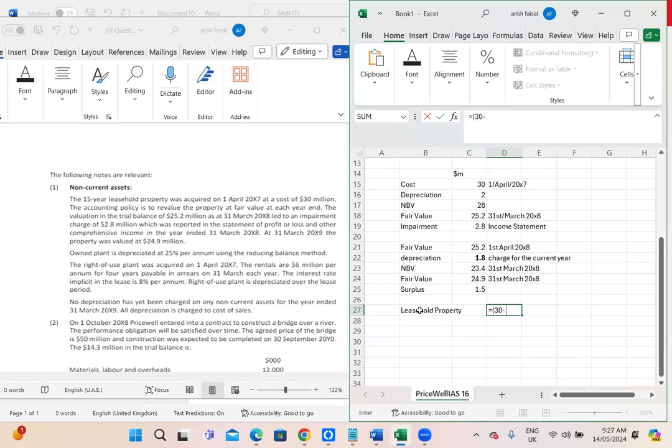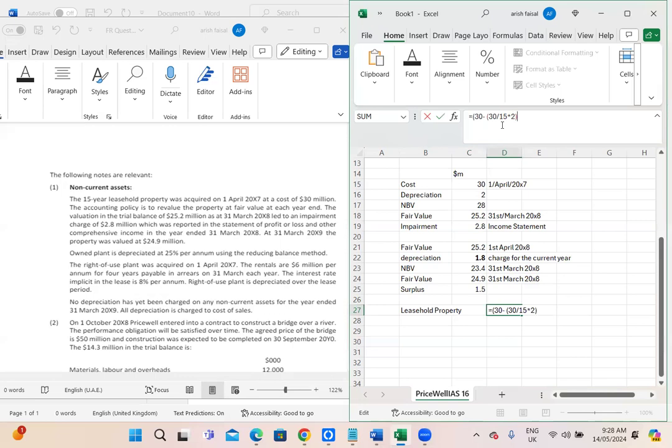So in 2 years, there would have been a total of 4 million depreciation, right? So that is 30 minus 30 divided by 15 into 2.